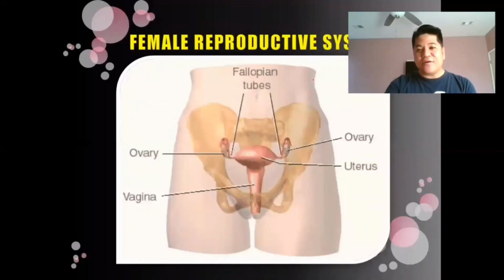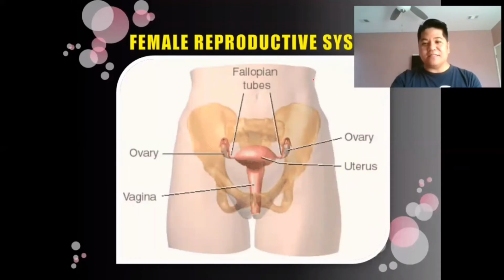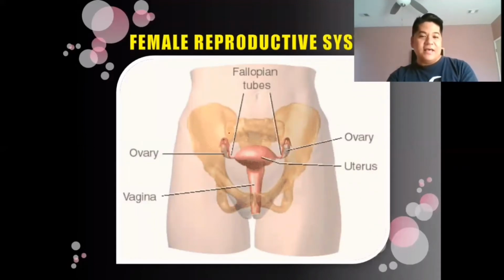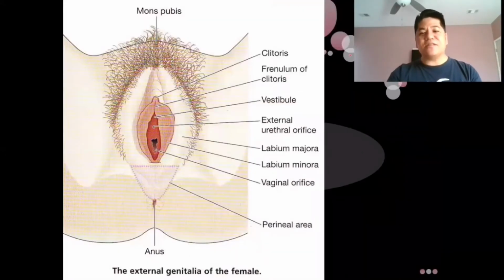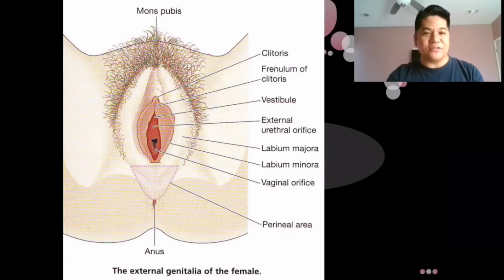Now let's talk about the female reproductive system. Let's start first with your external structure for the female. This is the mons pubis, the part wherein there's a lot of pubic hair, as you can see.